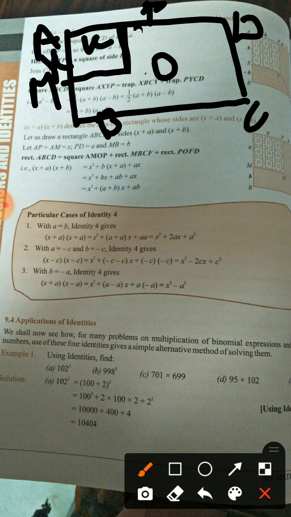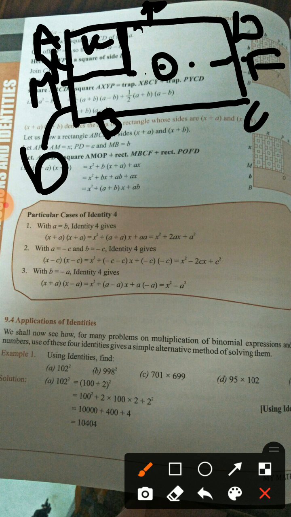Now draw a dotted line, mark a point F such that it is a rectangle. If AP is x, then PD is equal to a.